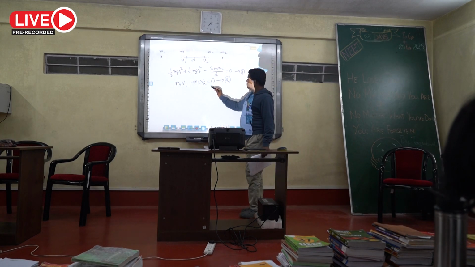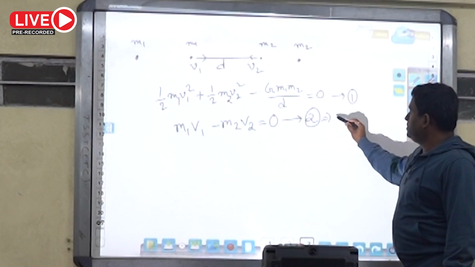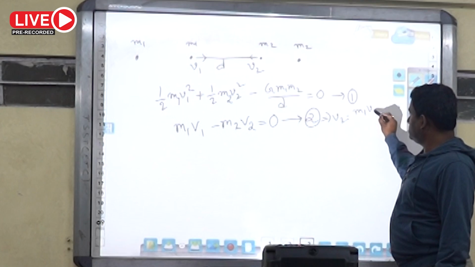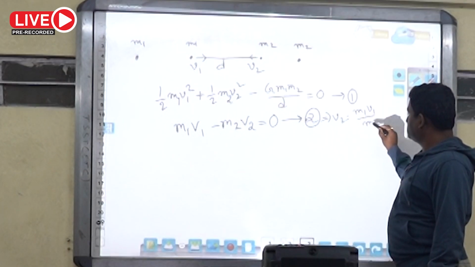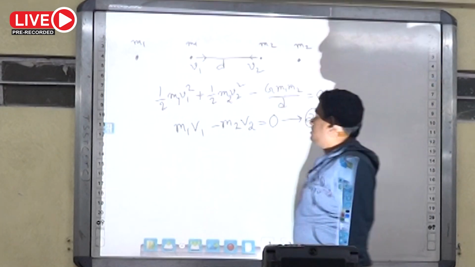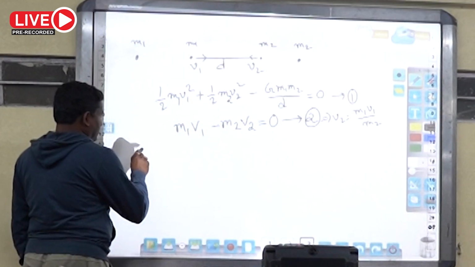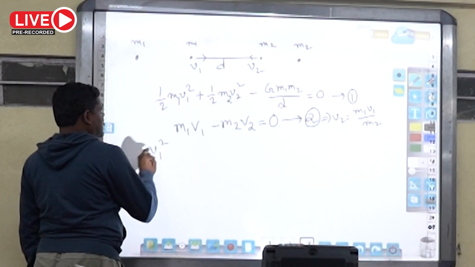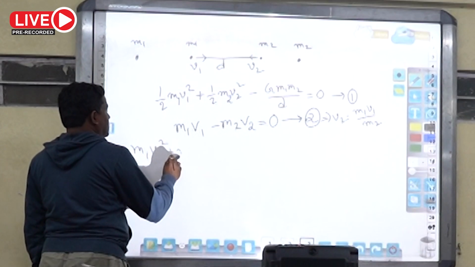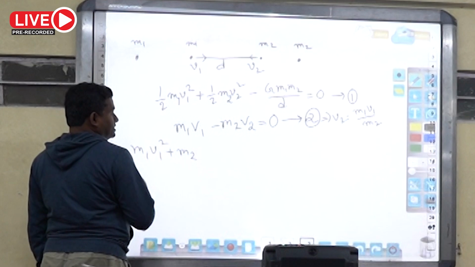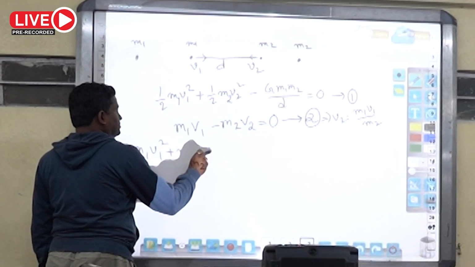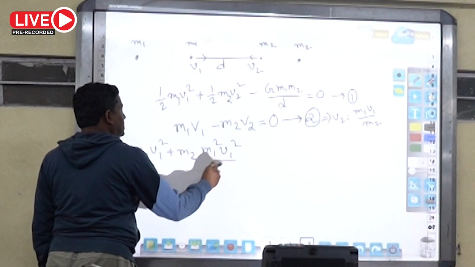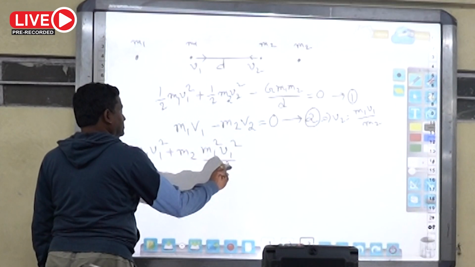See, from this we can write V2 equal to M1 V1 by M2. Substitute it in the first equation. So it will become M1 V1 square plus M2, in place of V2 I substitute M1 square V1 square by M2 square.